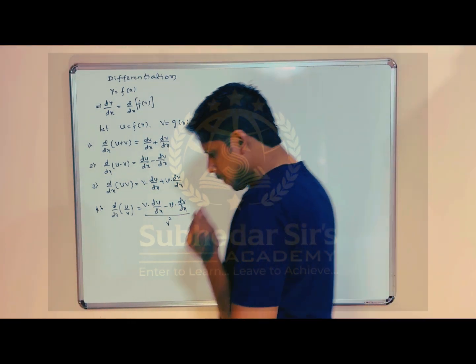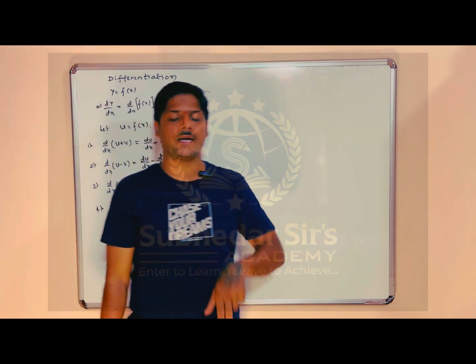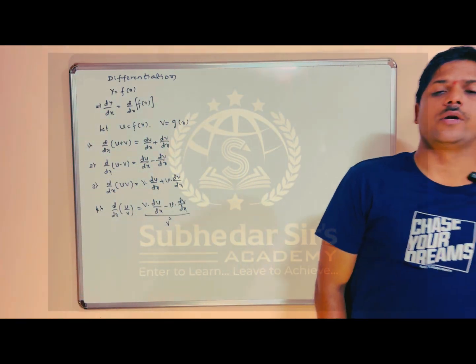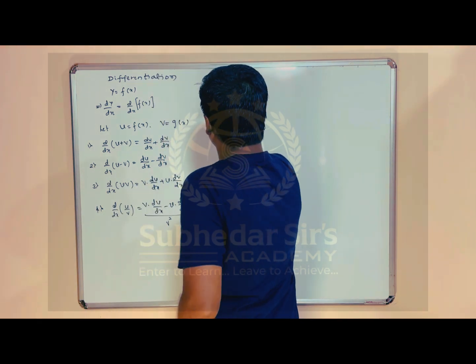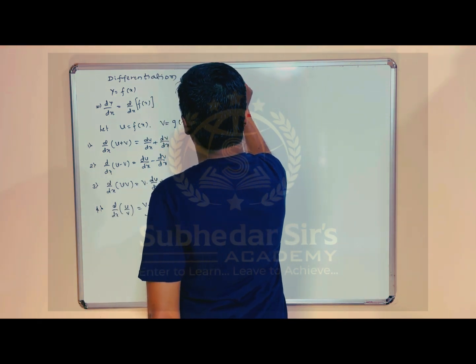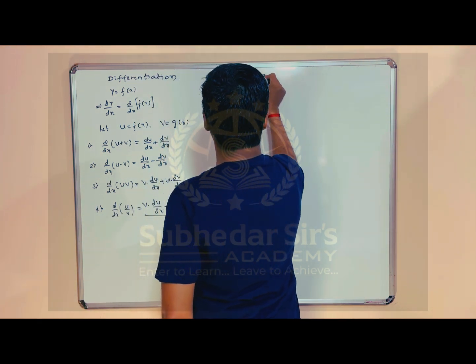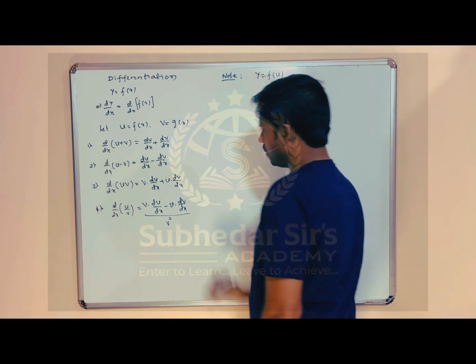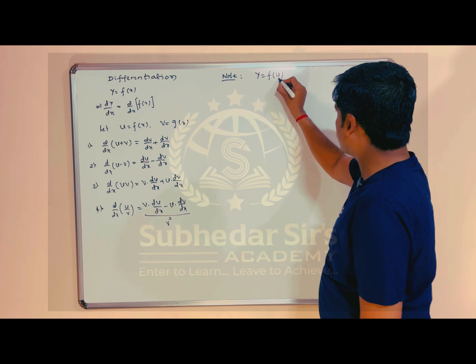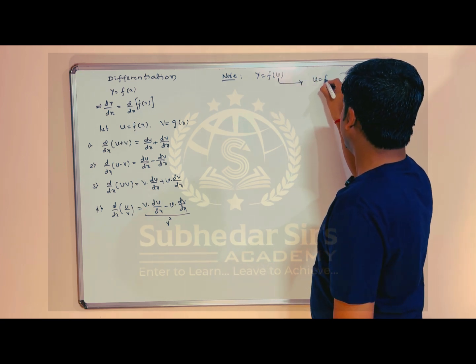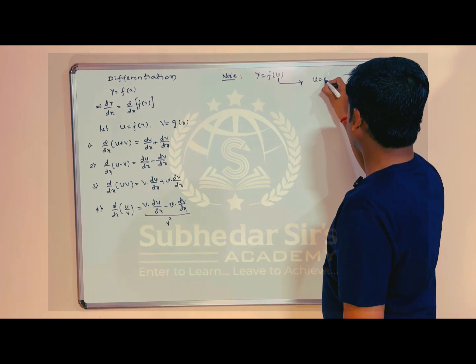We apply all these formulas when the function is directly in terms of x only, right? Now consider, note, y is equal to f of u, where u is a function of x, that is, u is equal to g of x.